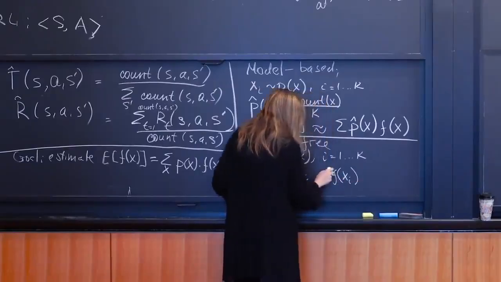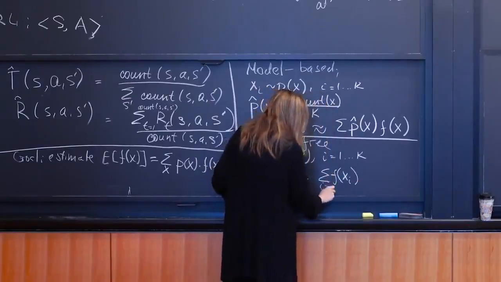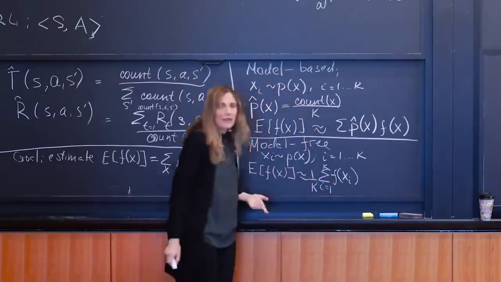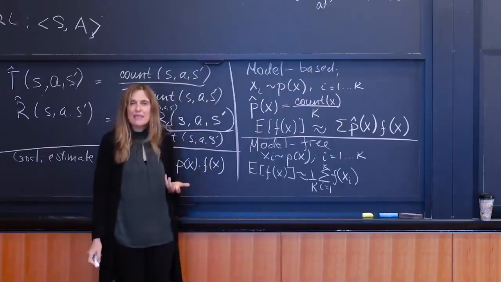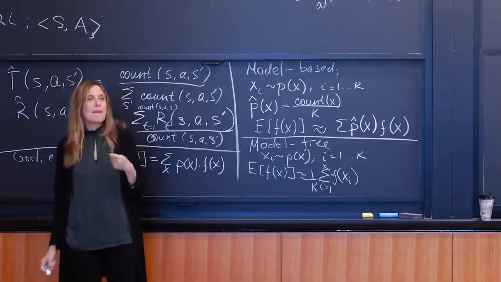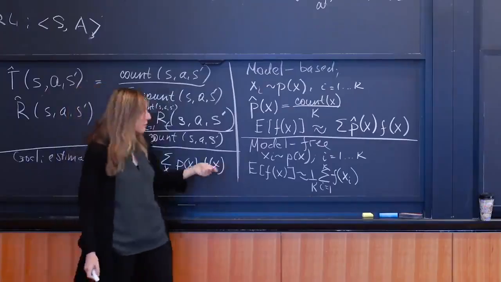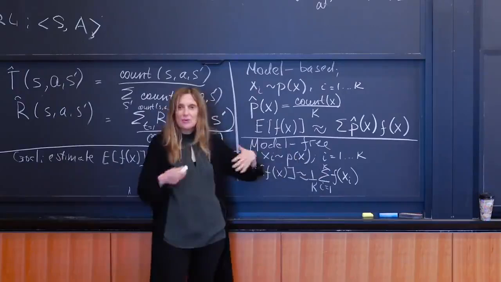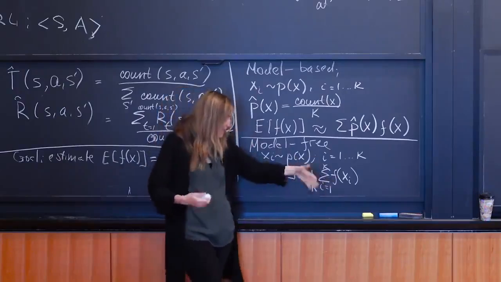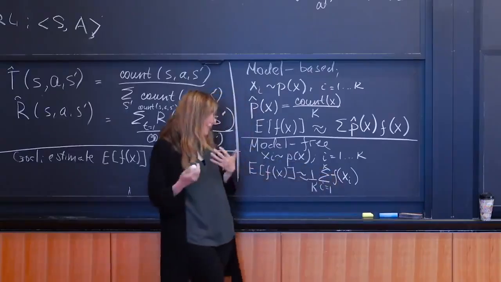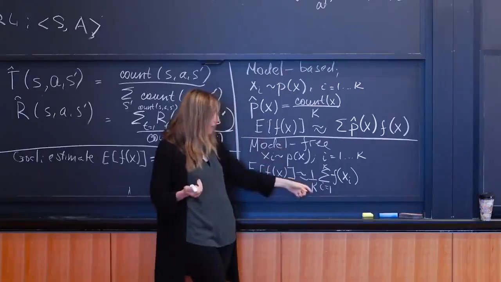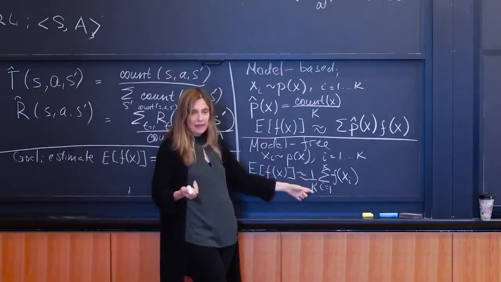I sum them up as i goes from 1 to k, and I divide it all by k. So values of x which were much more prevalent would appear a lot, and they will contribute the number of times they appeared. We're going to add the f's to the sum, and those which are less prevalent are going to appear less. So we will take the sum and then divide it by k.